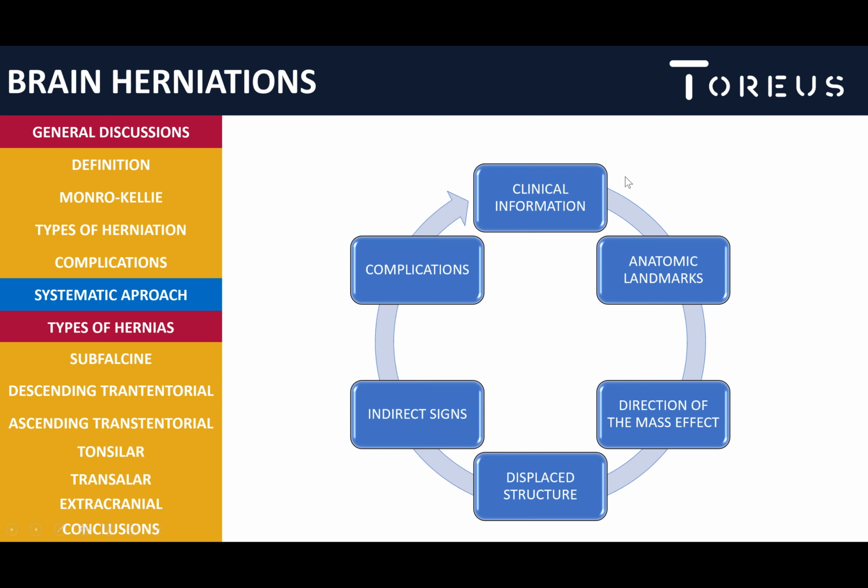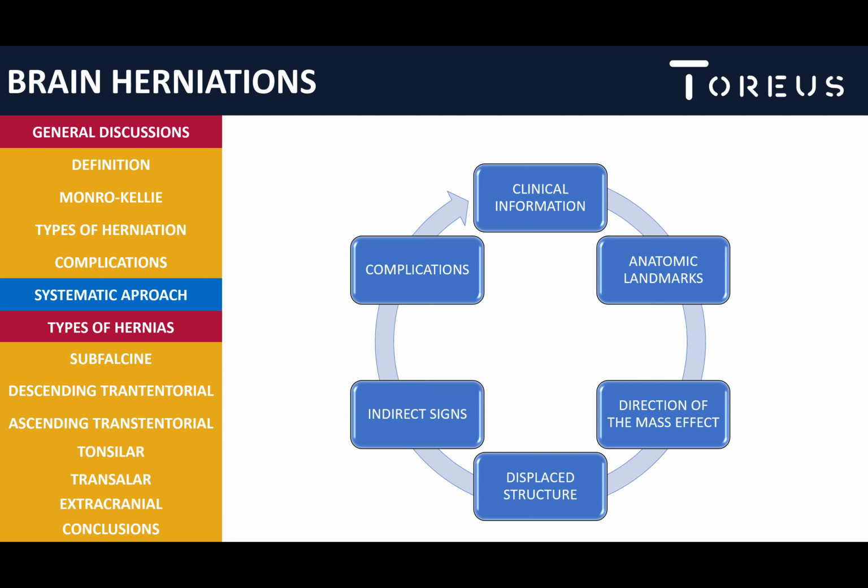So we will need a systematic approach to review every single CT scan and every single MRI of a patient with brain herniation. We have to know the clinical information of the patient. We have to know the neurological syndromes.